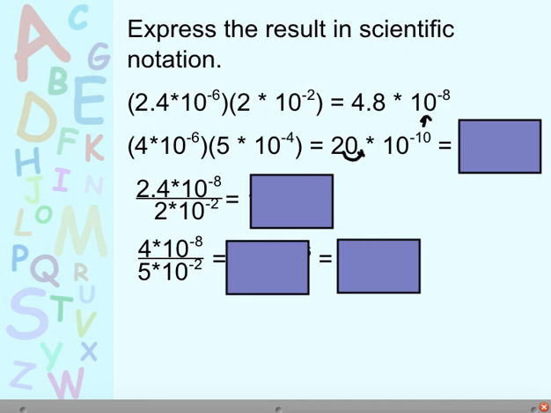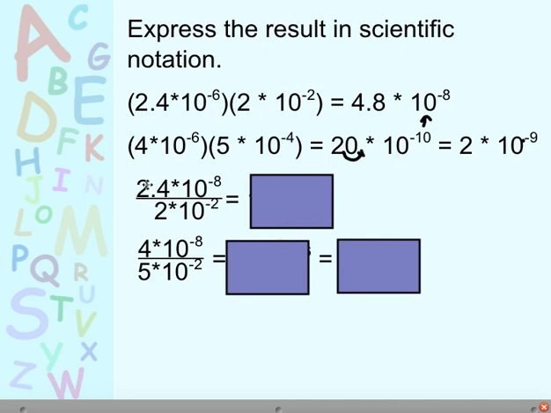So in order to do that, we end up with 2 times 10 to the negative ninth. Or we divide by 10 here, so we need to add another 10 here, going closer to 0 in this case. And then we divide.